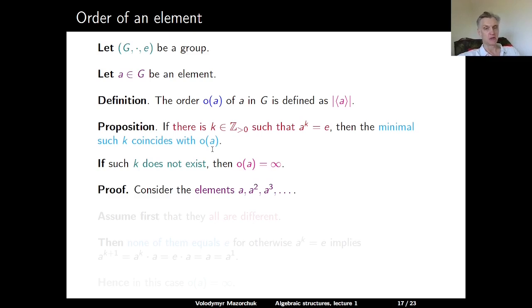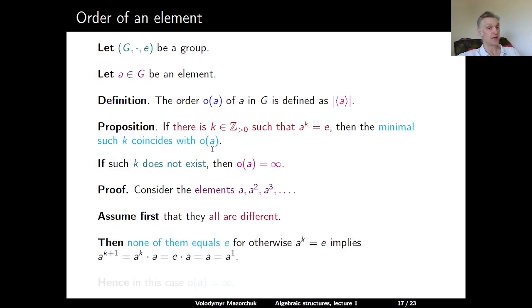Proof: consider the elements a squared, a cubed, and so on. Assume first that they all are different. Then none of these elements can equal the identity, because as soon as a to some power k is equal to the identity, where k is a positive integer, then a to the power k plus 1 is equal to a to the power k times a. a to the power k is the identity, so it's e times a, which is a, and this is equal to a to the power 1.